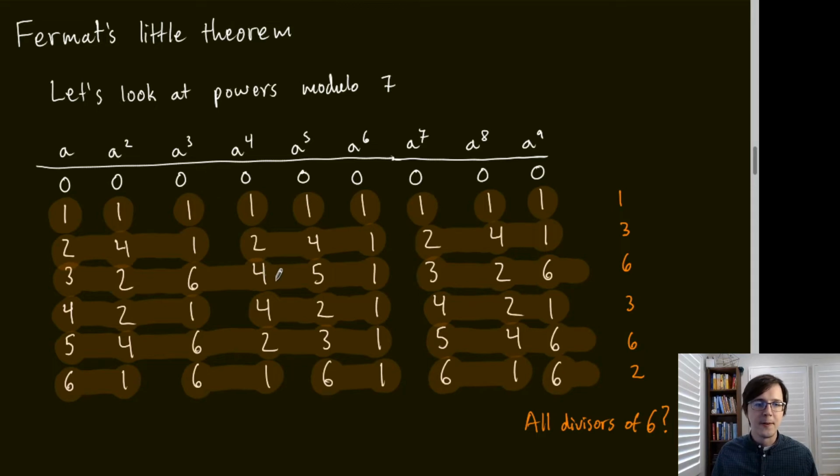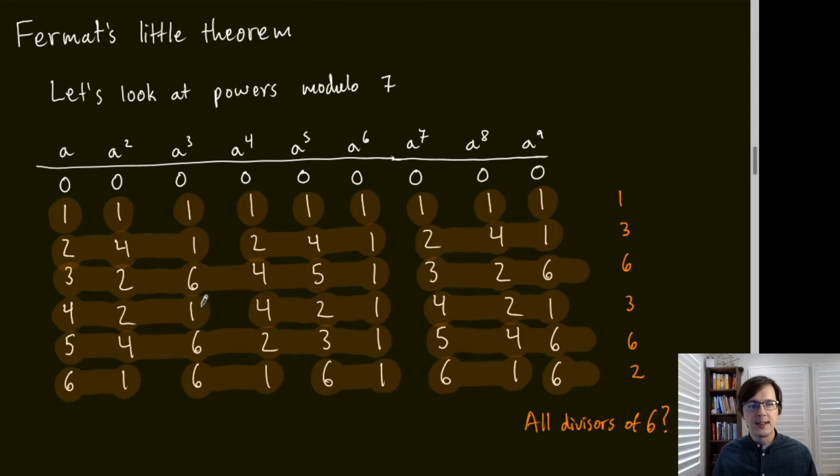So again, 4 is minus 3, and so that times 3 is minus 9, and if we add 14 to it, we get 5. Anyway, so then 5 times 3 is 1 mod 7, and then it repeats with a length 6 group of powers.